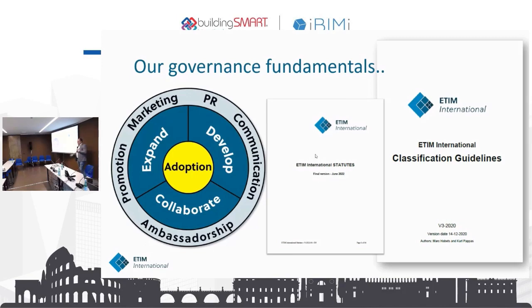Officially, it has a stamp from a notary, and for the rest, our main goal is adoption. We want people to use it and to solve their problems with it. And in order to achieve adoption, we need to develop our standards further. We need to find collaborations, and we need to expand. And we need to tell about it in all the possible ways, and that's why I'm here today.